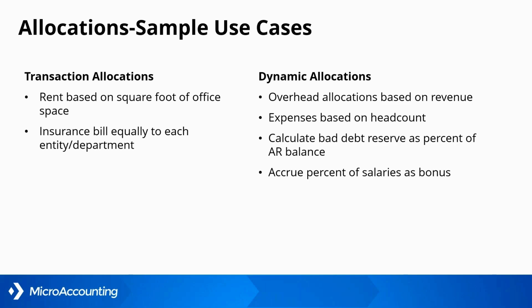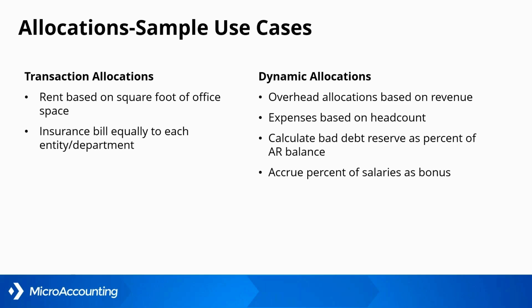We can also use these in an untraditional manner. It's not a true allocation of money that's already sitting on my expenses or my revenue and allocating that out. But what I can do is calculate some balances. So for example, maybe you want to calculate a bad debt reserve based on your AR, or based on your revenue.